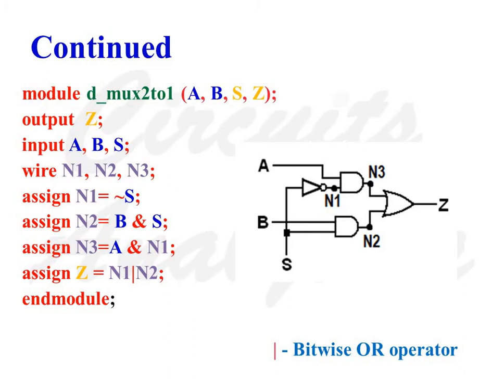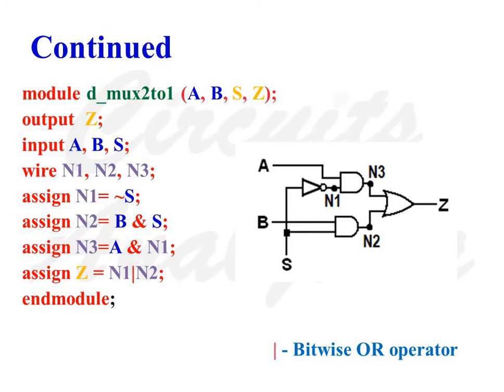Finally, assign Z is equal to N1 or N2 mentions that the output port Z is driven by an OR gate whose two inputs are N1 and N2. Finally, the line end module specifies that we have completed the Verilog HDL program.